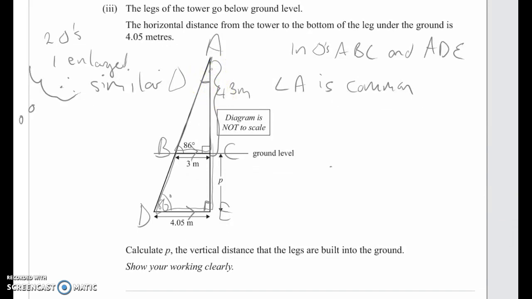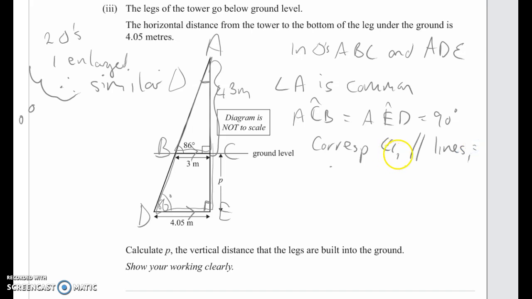And angle ACB is equal to AED, and they're both equal to 90 degrees. Now you could put corresponding angles, parallel lines are equal. You have to put in parallel lines because corresponding angles aren't equal unless the lines are parallel.